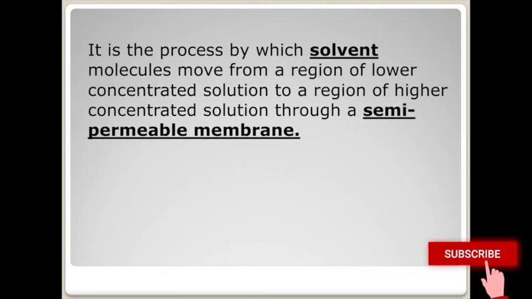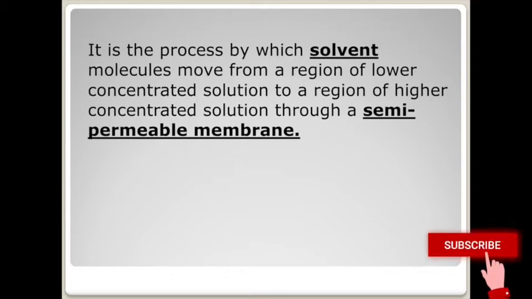We are also talking about the second most important word in the definition of osmosis. That is a semi-permeable membrane. We shall later on look at what a semi-permeable membrane is. Now, these are the two key words that must be taken note of.